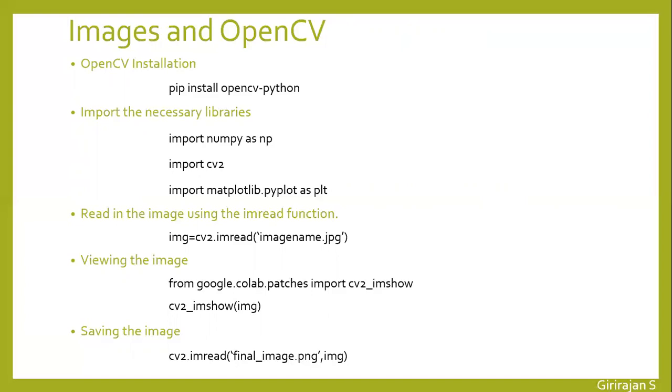So for that, I'll include one more line: from google.colab.patches import cv2_imshow, and then using the imshow command we can display the image. To save the image we'll use imwrite with a new file name, comma, the old file name. Okay, so let's try it in Google Colab.